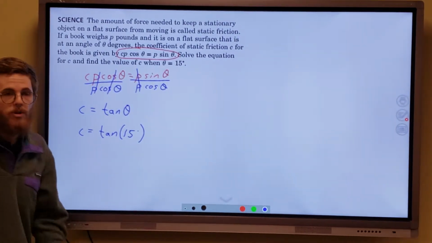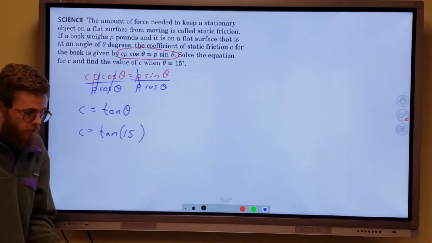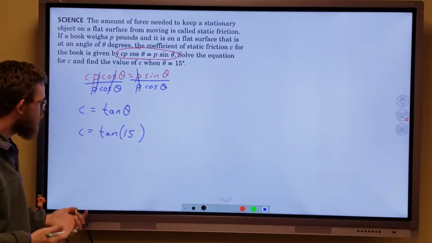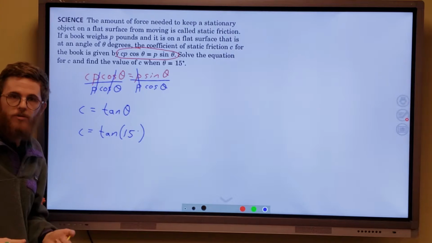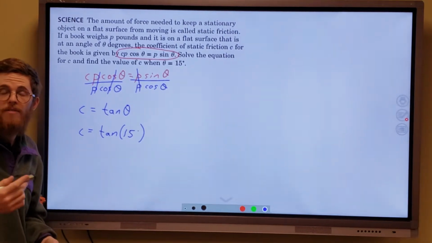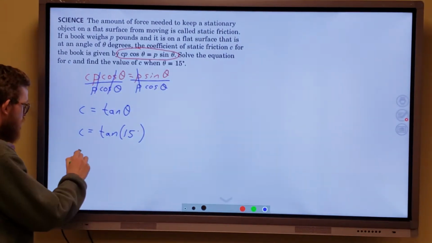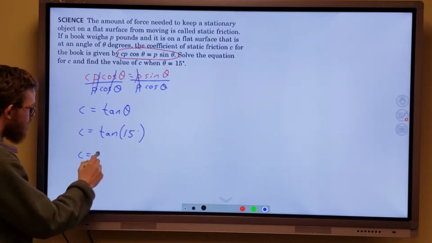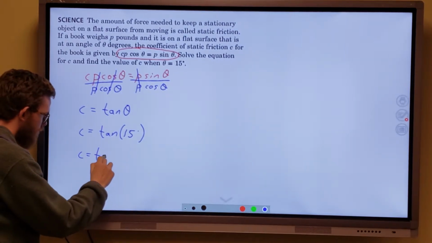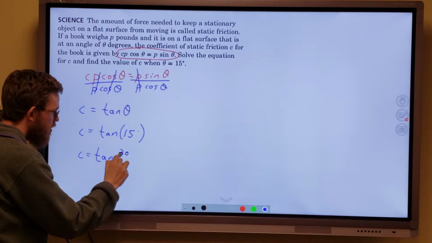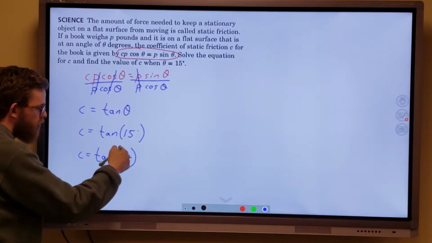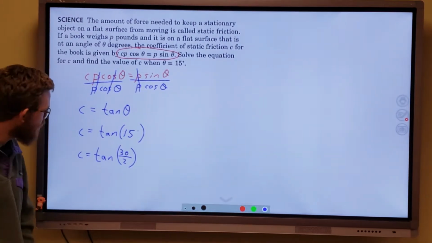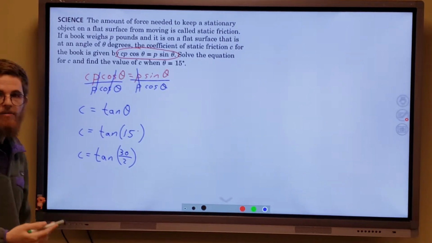We could find that one of a few ways. We could use a sum or difference identity, but I'm going to choose a half angle identity. C is equal to tangent of 30 over 2, because 30 over 2 is the same thing as 15, so I can use a half angle identity.